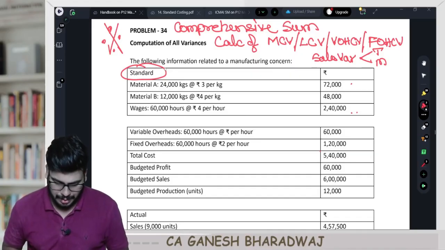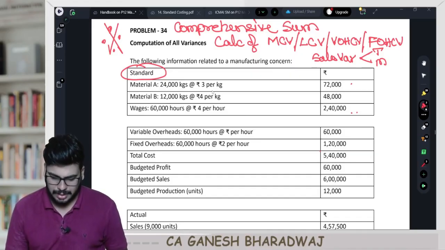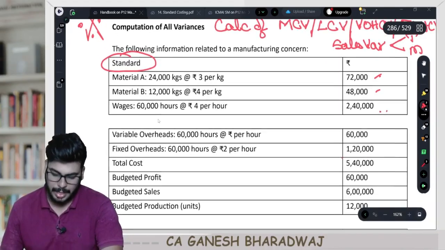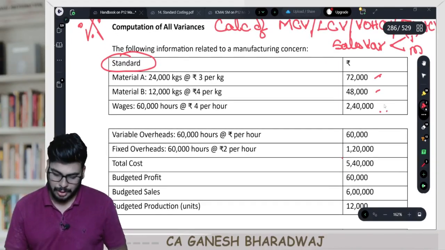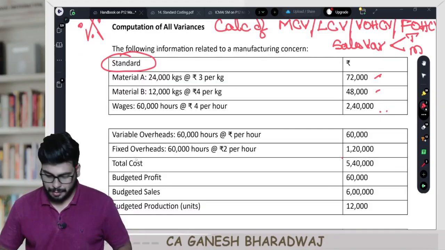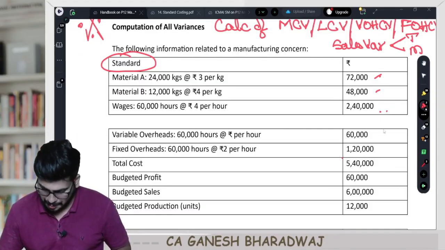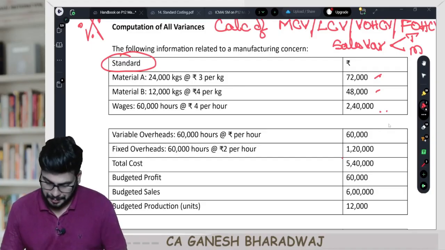Now, first they have given material A 24,000 kgs at the rate of 3 per kg, 72,000 rupees. Material B 12,000 kgs at the rate of 4, it's 48,000. Wages is 60,000 hours at the rate of 4 per hour, it's going to be 2,40,000. Variable overheads is going to be 60,000 hours at the rate of rupee 1 per hour, it's going to be 60,000 rupees. Fine.